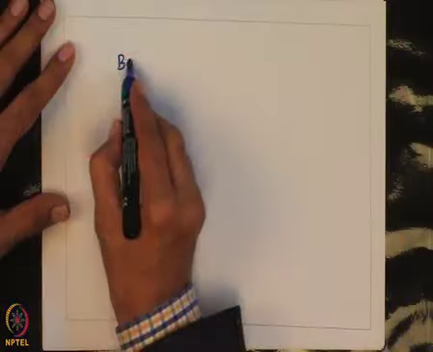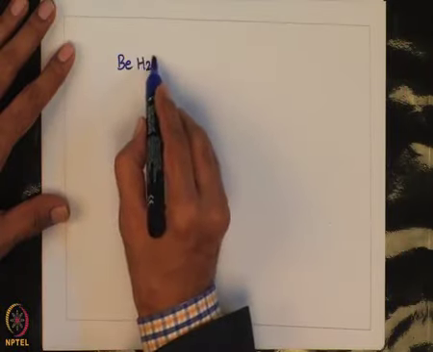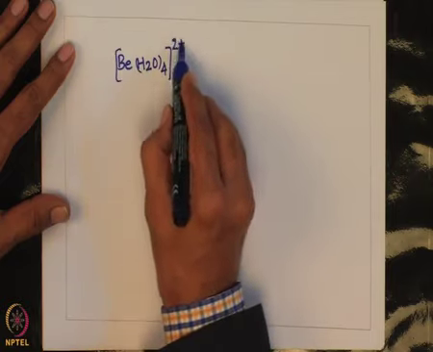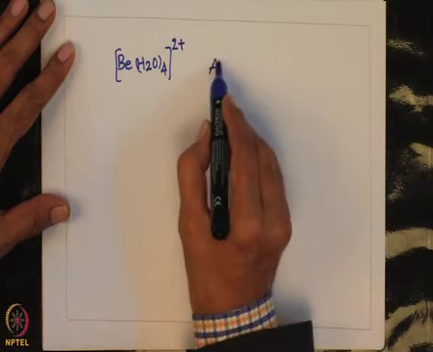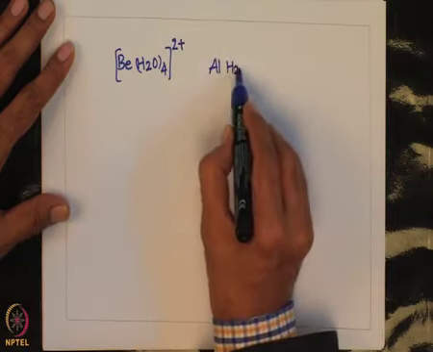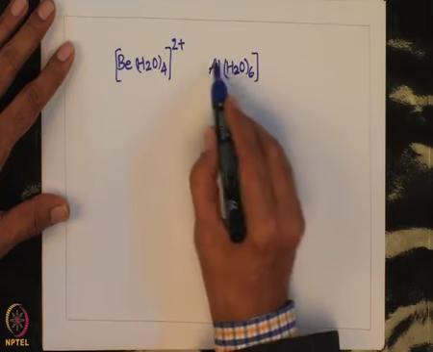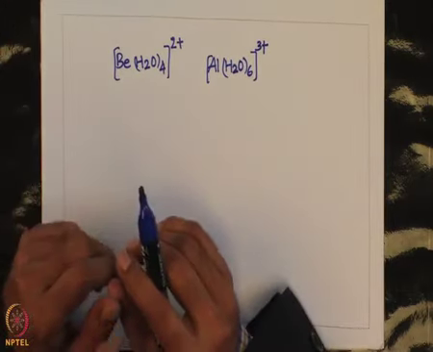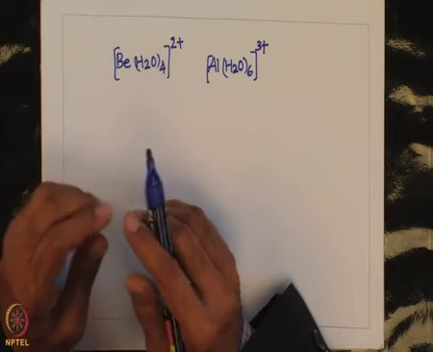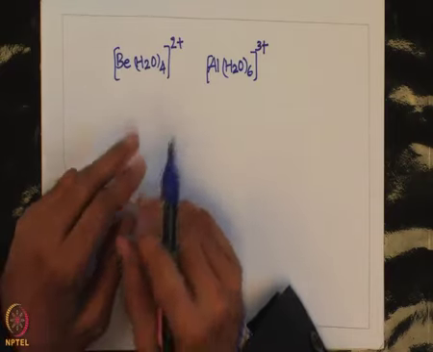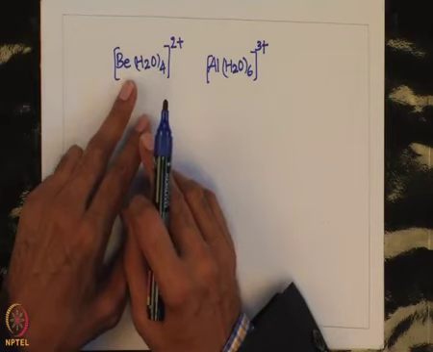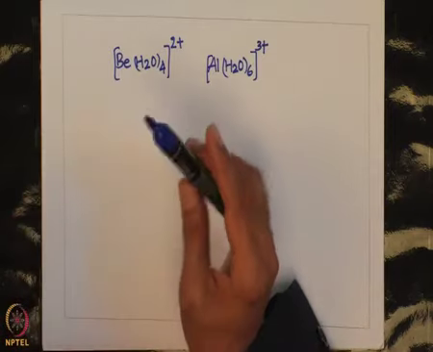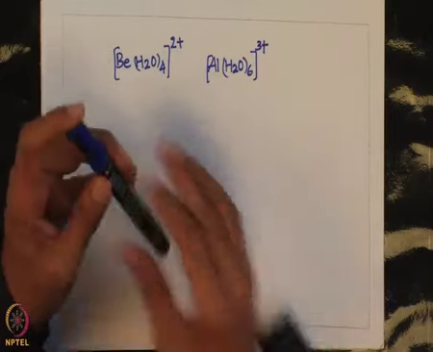Hydrated beryllium ion, that is tetra aqua beryllium 2 plus, is very similar to hydrated aluminum, and both are acidic in nature as a result of high polarizing power of the small highly charged beryllium 2 plus ion, which results in hydrolysis. The other hydrated group 2 cations are not acidic owing to their lower charge densities.